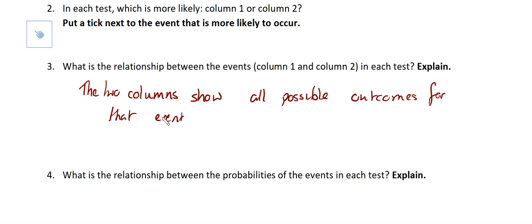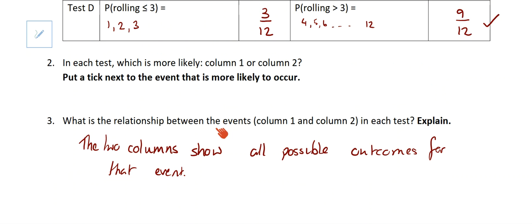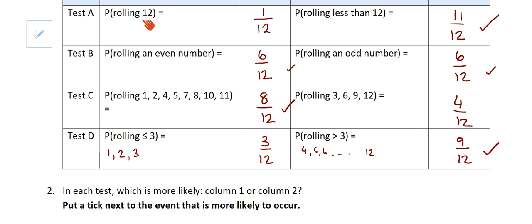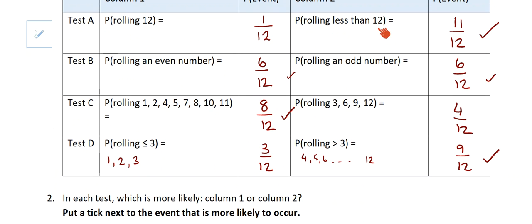Remember, we've talked using that vocabulary, haven't we? So for test A, rolling a 12, rolling less than 12, there is nothing else that could happen, is there? Rolling an even number, rolling an odd number, that's all possible outcomes, right?